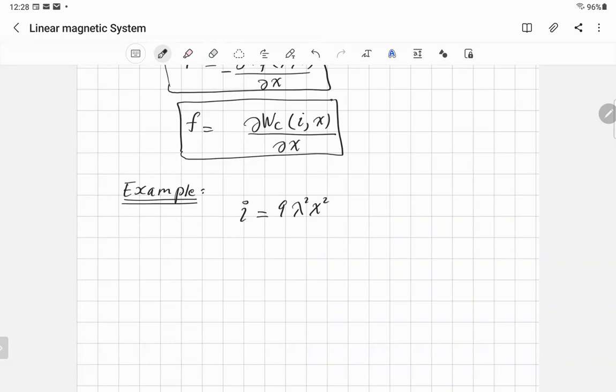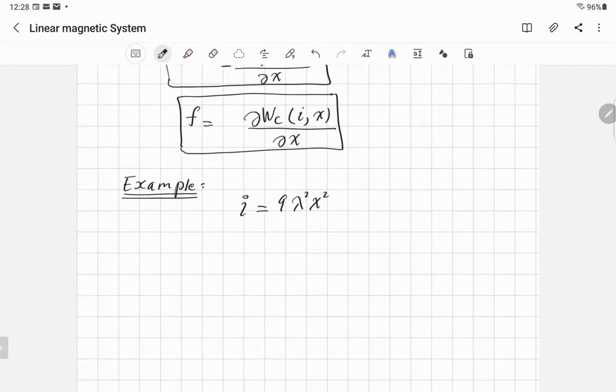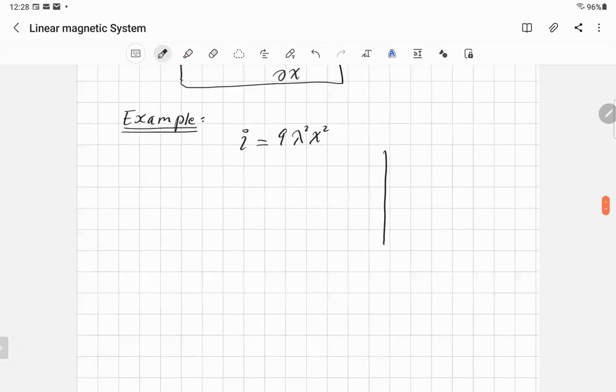You might ask why i or lambda will be a function of x. Let me refresh your memory. The relationship between the current and lambda, let's say that we're taking this one, was measured at a certain gap or certain x. What's x?